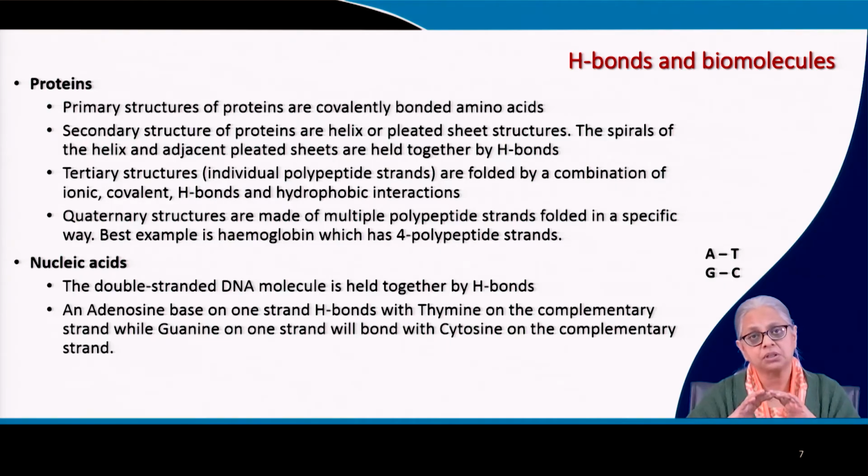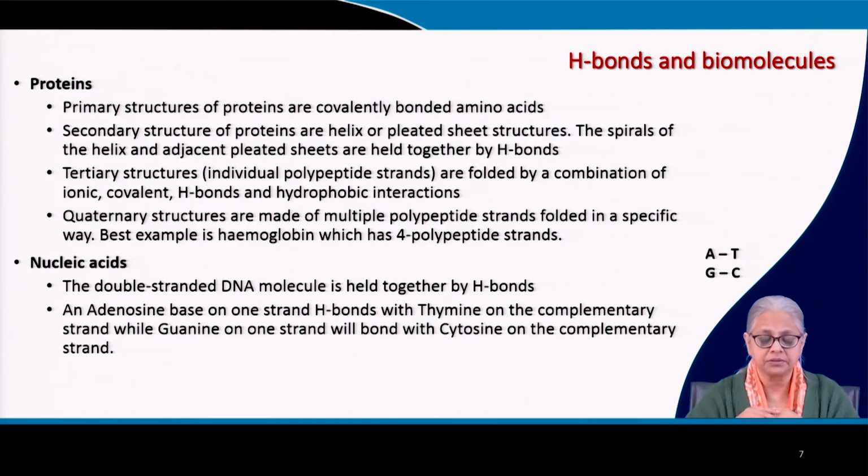That primary structure is important, but by itself it has no biological activity. The biological activity of proteins and enzymes comes from the higher level structures. So you have the secondary, tertiary and quaternary structures. So it is the folding of this primary strand that will determine these higher level structures.